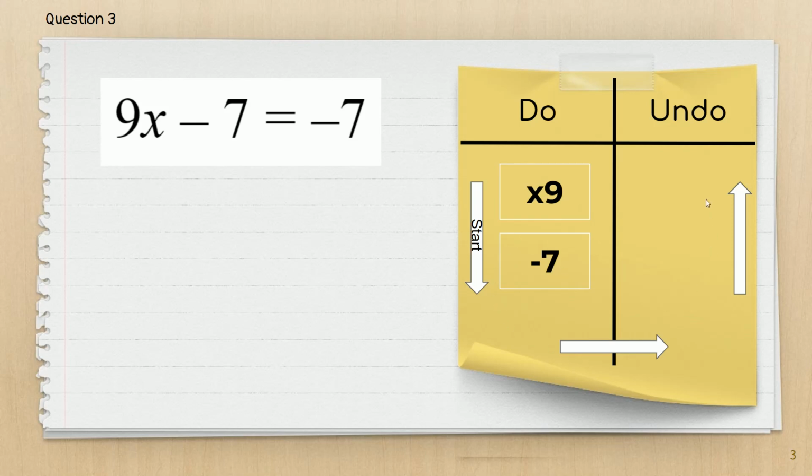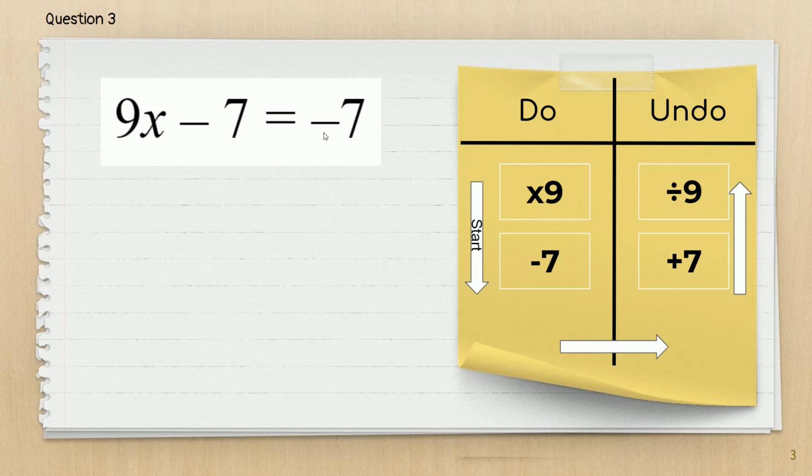On the undo side, we have to use our inverse operations. So the opposite of multiplying by 9 is dividing by 9, and the opposite of minus 7 is adding 7. Now to solve it, we need to again start from the bottom and go up. And we're going to be doing this to the opposite side of the equal sign than our variable, which is negative 7.